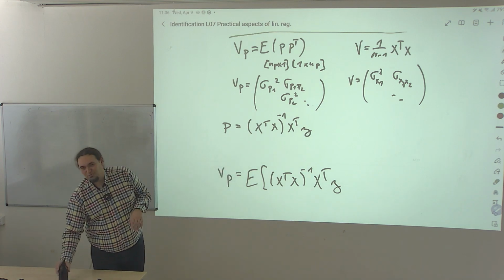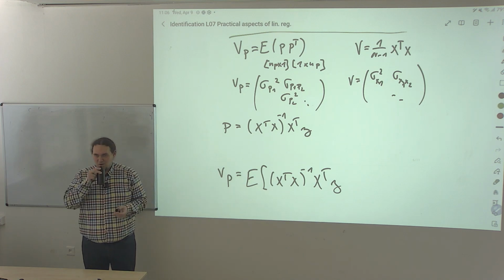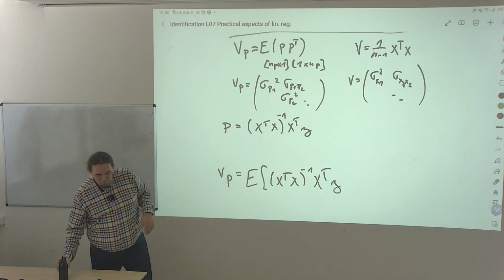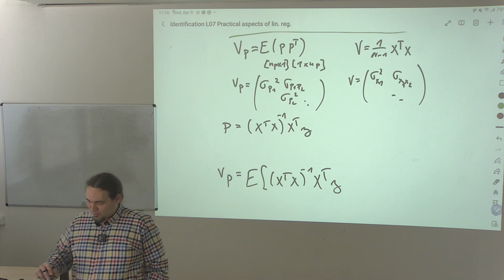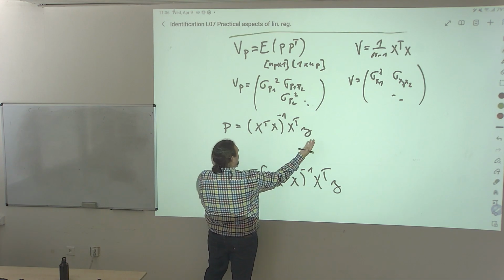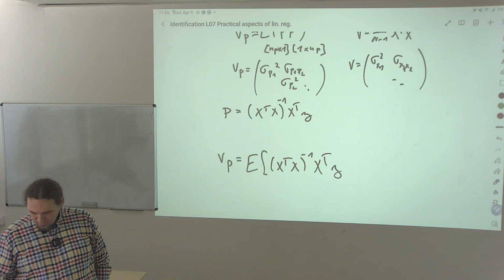How would the transpose of P look? Y transpose, yeah, we basically transpose all of these and we completely flip the order. Exactly.